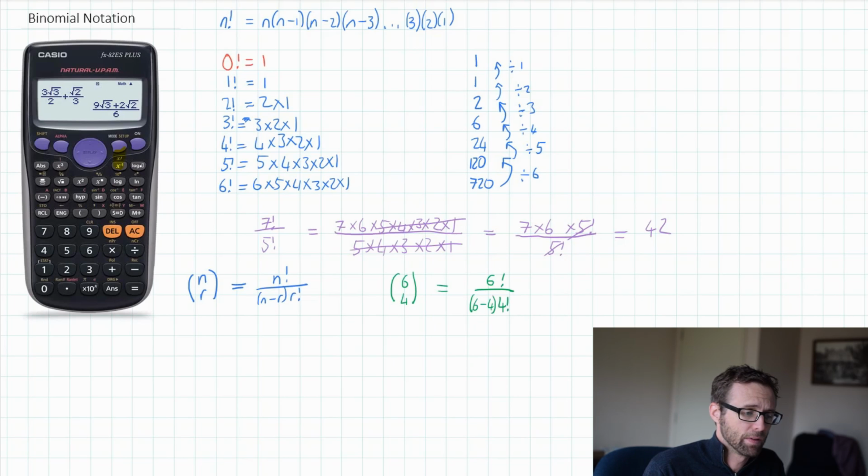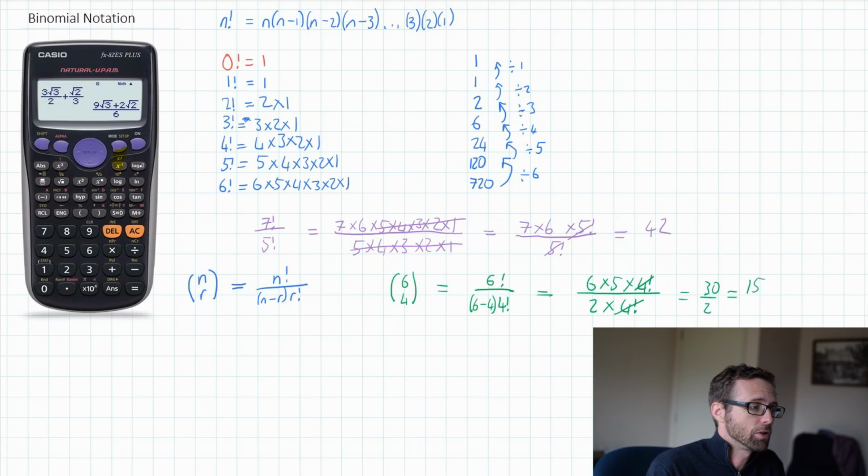Now let's simplify this. We could write the top as 6 times 5 times 4 factorial, so I can cancel that 4 factorial on the bottom. 6 minus 4 is 2, so it's 2 times 4 factorial, and that cancels out, and we're left with 30 over 2, or 15.